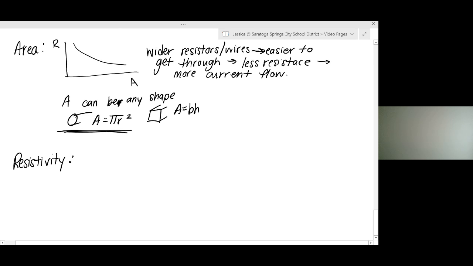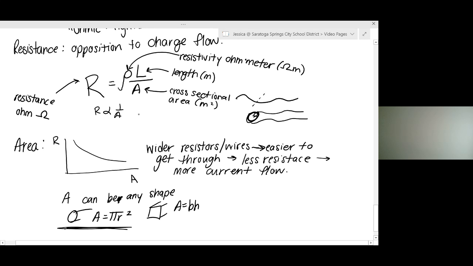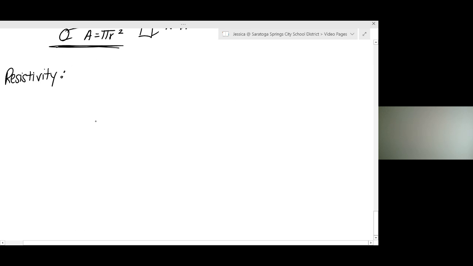Looking at the equation, R is directly proportional to resistivity, which means if I was to graph resistivity versus R, I would get a nice direct relationship. Now you might be thinking, what the heck is this resistivity thing?